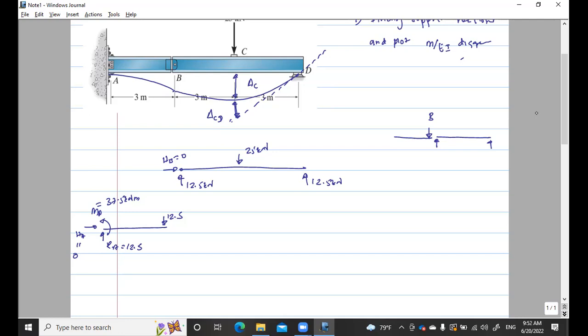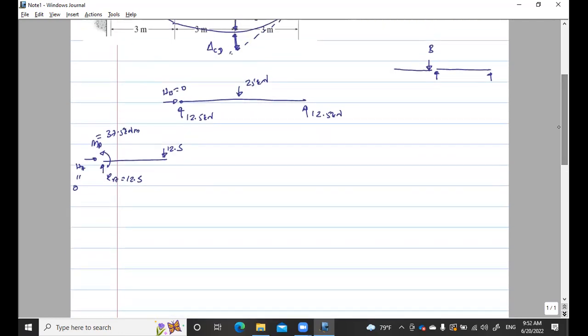Okay, so now if you plot the bending moment diagram, that also we can do in different ways. So the bending moment diagram A, B and C. Between A and B, it will be like a cantilever, so the moment will be maximum.